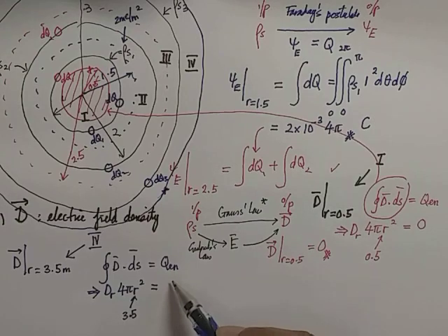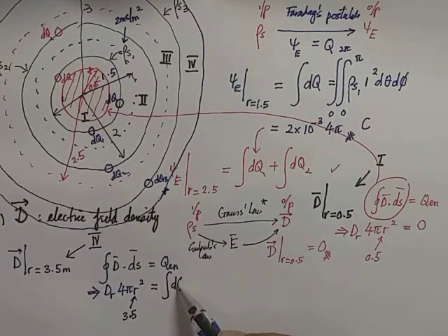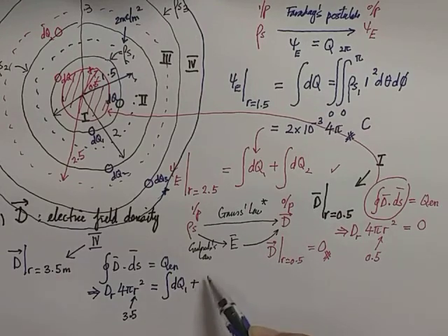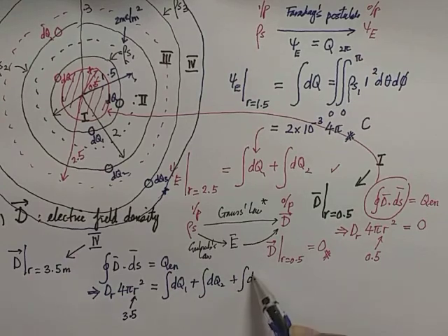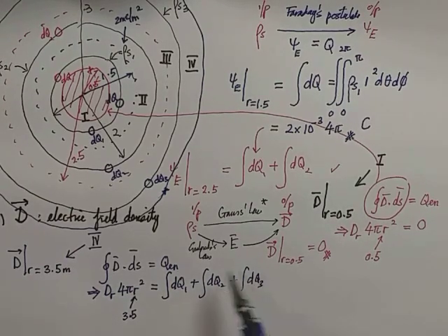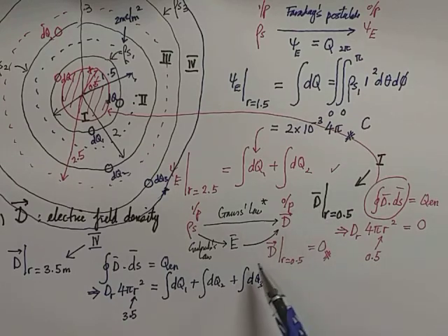So now using the typical method that we observed before, it should be dq1 plus dq2 plus dq3, and by solving this mathematics as you have solved above, the only difference is you add another term here and then divide everything by 4 pi, then you're going to get your actual D result for this particular position.